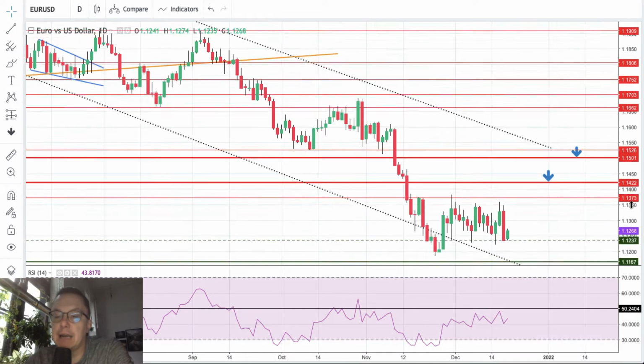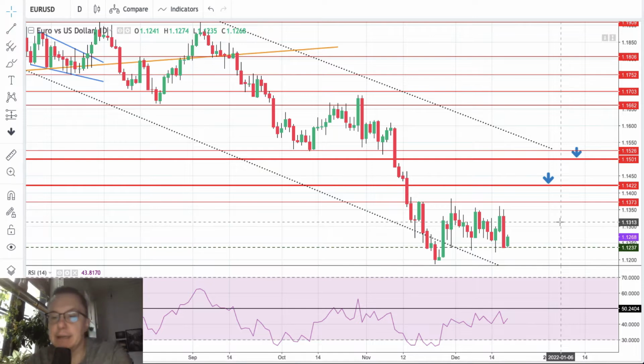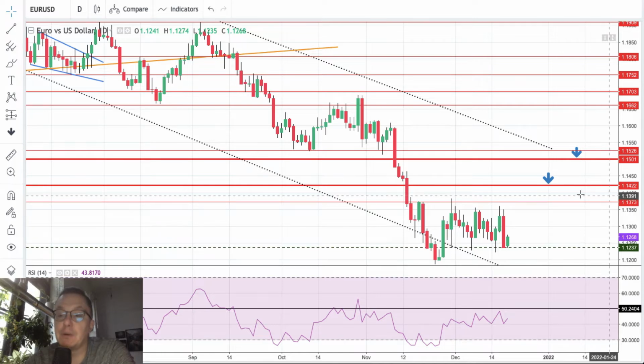However, any kind of strength shown on the charts, like any kind of attempt to break above 1.1373 towards 1.1422, whereas the first technical resistance is very much welcome, because the market conditions, of course, on the daily time frame chart like this one, are extremely oversold.